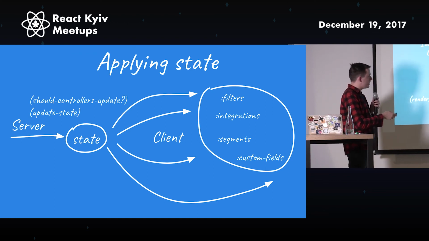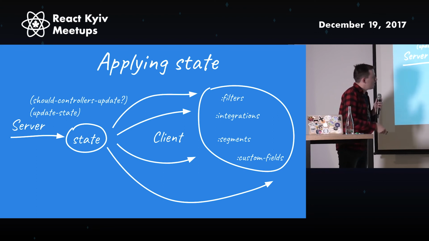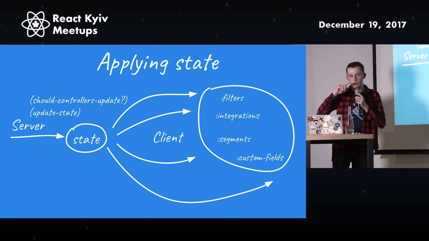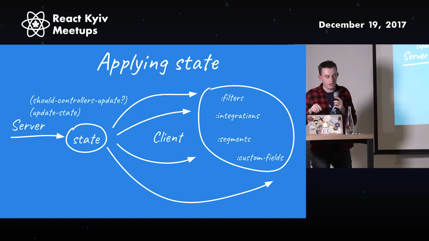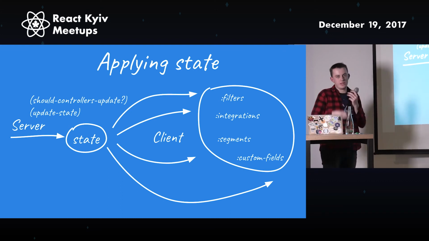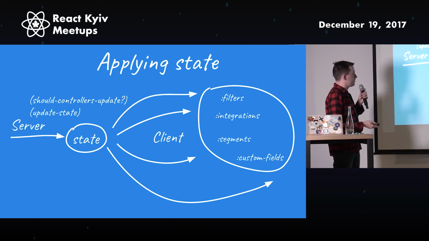The benefit of it is that we don't have to do atomic or partial updates of the state. Instead, we can just receive the entire state and replace it. In the ideal case, of course, because there are no ideal cases.